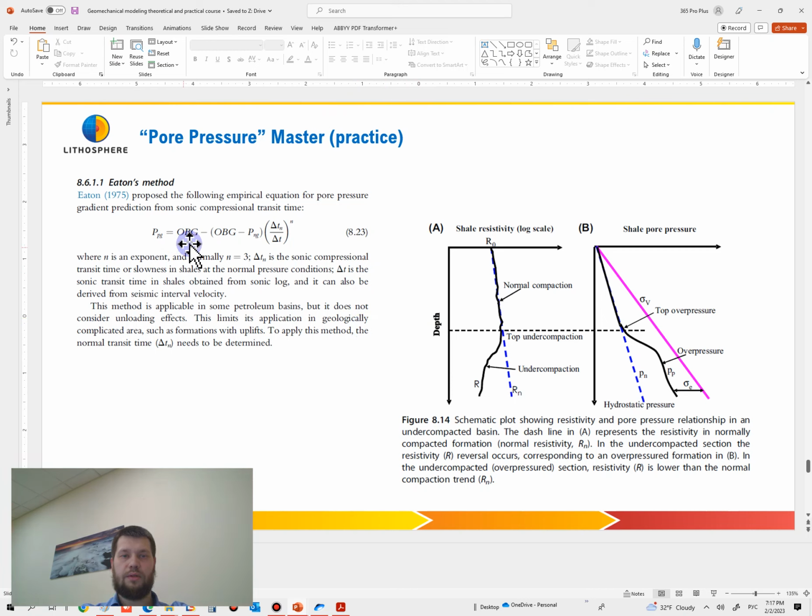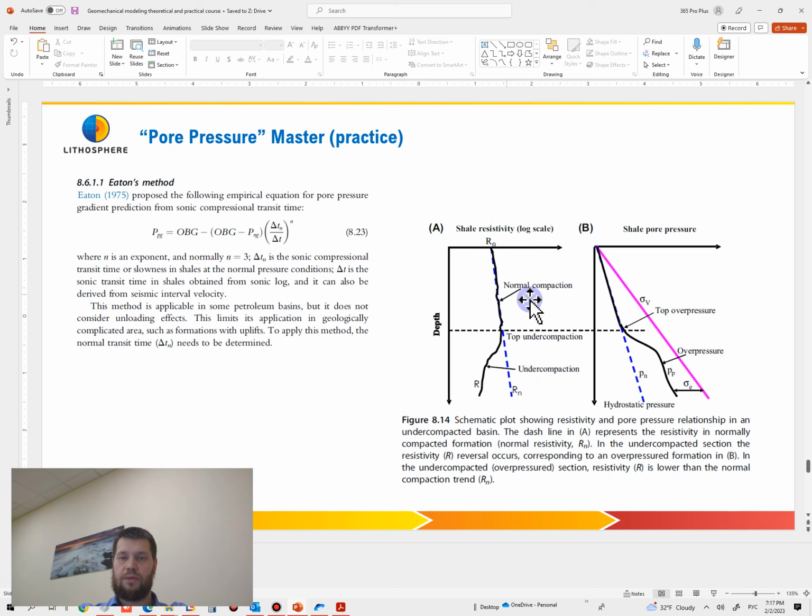the overburden gradient that we calculated on the previous step, hydrostatic pore pressure, and acoustic logging. Yes, this scheme shows how this method works.